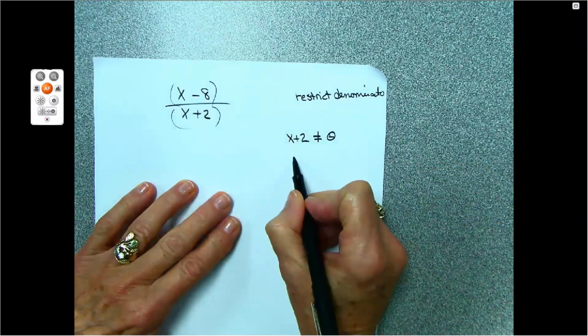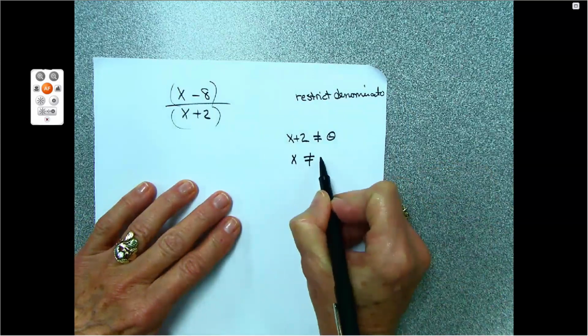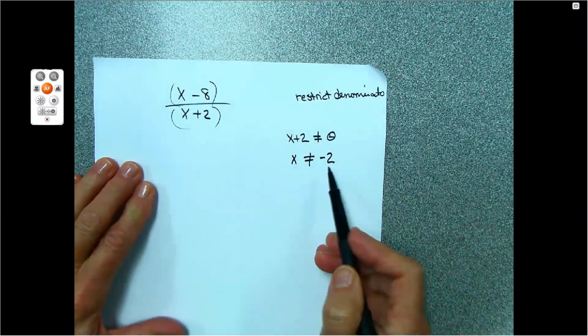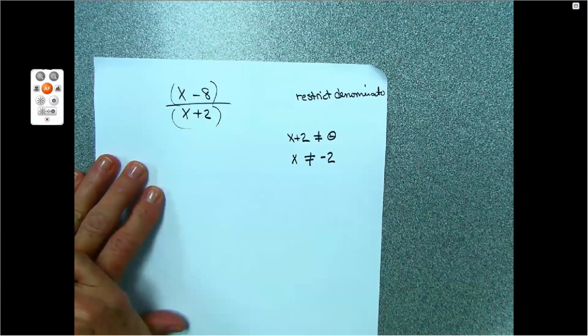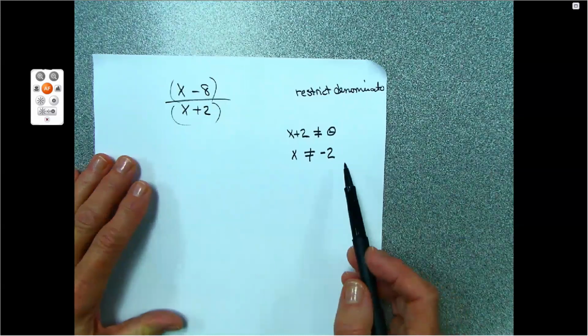So x cannot be equal to -2, adding a -2 to both sides. What happens if x is -2? -2 plus 2 would be 0, causing our denominator to go to 0, and we need to prevent that from happening. Division by 0 is undefined. Questions?